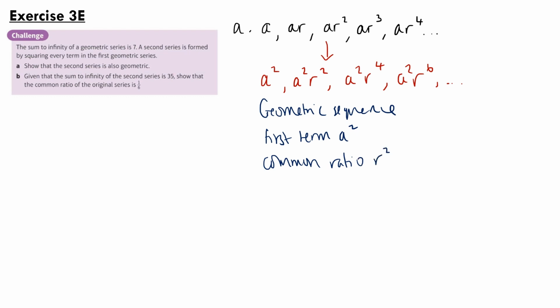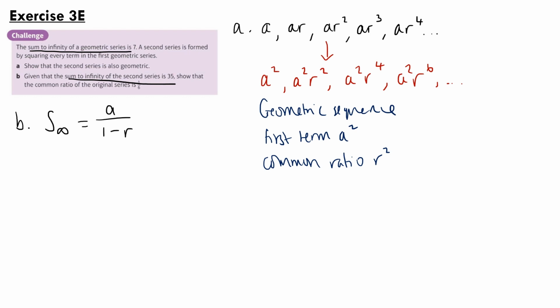Okay, now for part B, we're told that the sum to infinity of the second series is 35, and we're asked to show that the common ratio of the original series is 1/6. So, we're given 2 bits of information in the question that we haven't used yet. Now we can use the formula for the sum to infinity, which is a over 1 minus r.